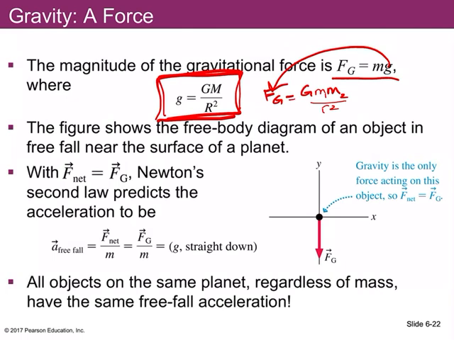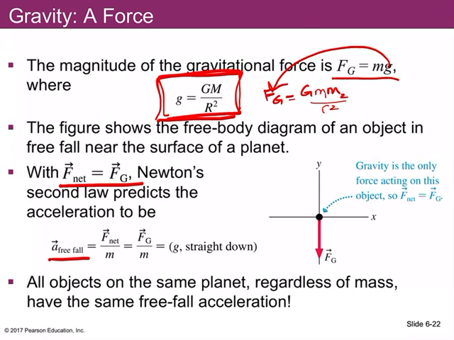All right, now the figure shows the free body diagram of an object in a free fall near the surface of a planet, which would be that with net force is equal to the force of gravity. And so the acceleration of free fall is equal to the force of gravity divided by the mass.